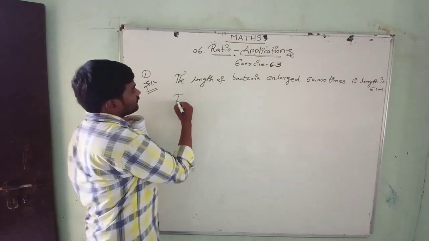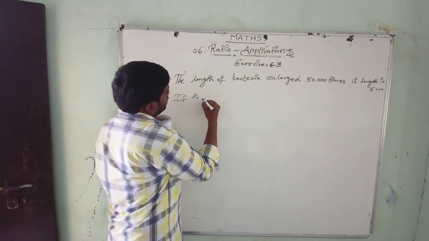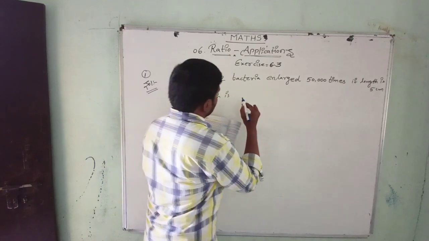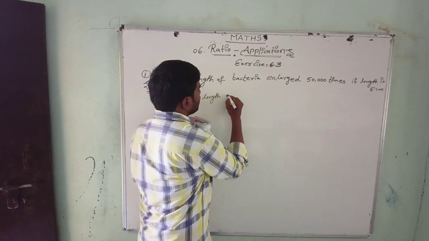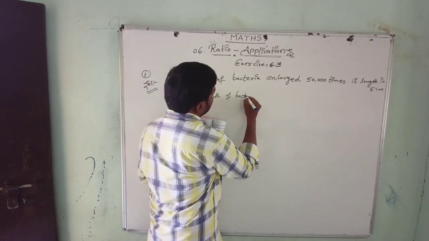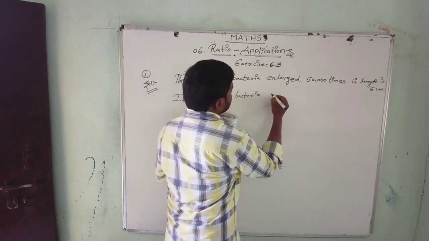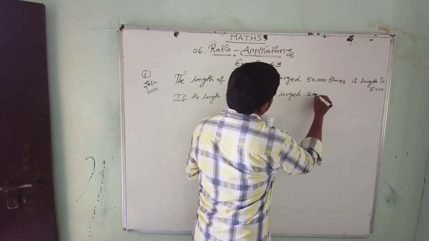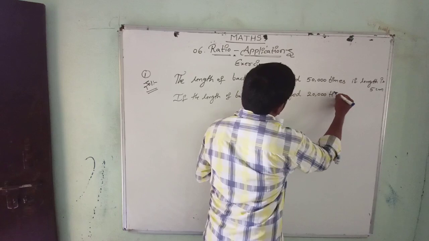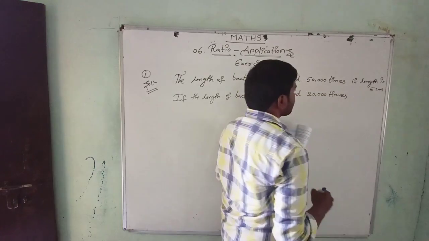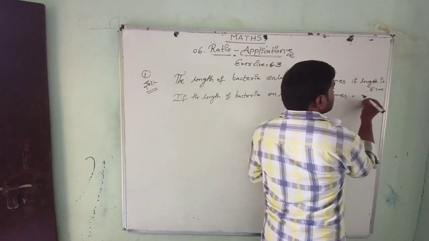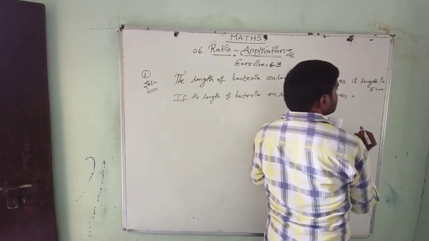If the length of bacteria is enlarged 20,000 times, then what will be its actual length?